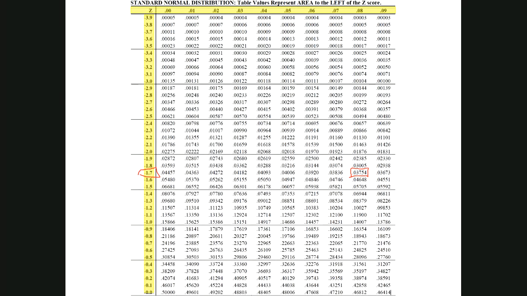It's the same as 0.0375, and this has an additional decimal place, a ten-thousandths decimal place, so that is exactly the same, 0.03754.